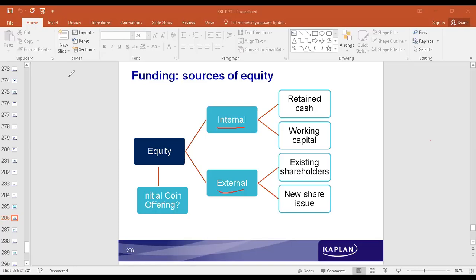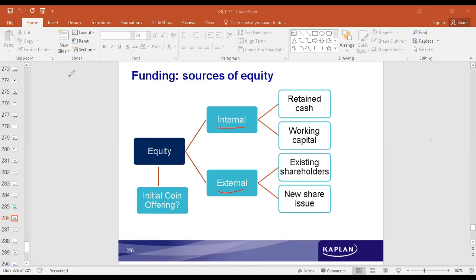Then we see that from working capital, because of investing into current assets, when current assets get converted into cash, that cash is available to meet their obligations. So that is internally arranging funds for payment for various things. Externally, they've already raised funds from debt holders and equity holders.